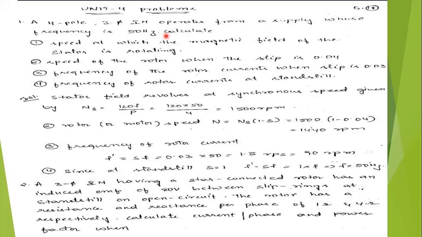Find first, the speed at which the magnetic field of the stator is rotating. That means you have to find the NS speed, the rotating magnetic field, RMF speed, NS.